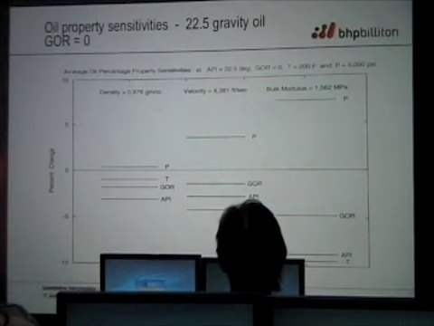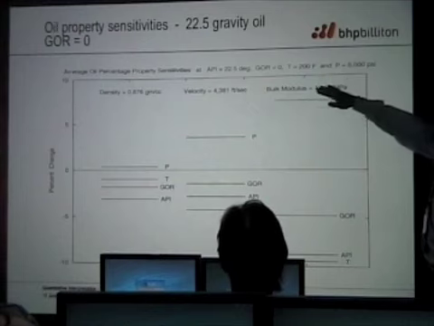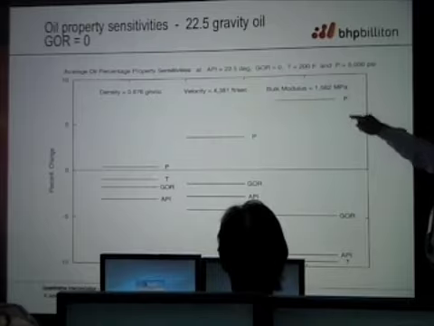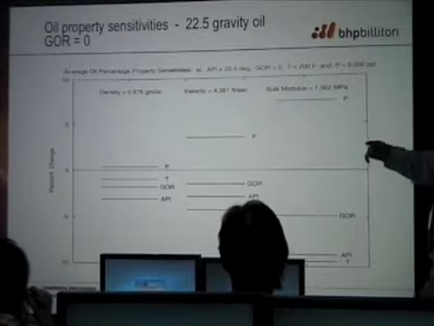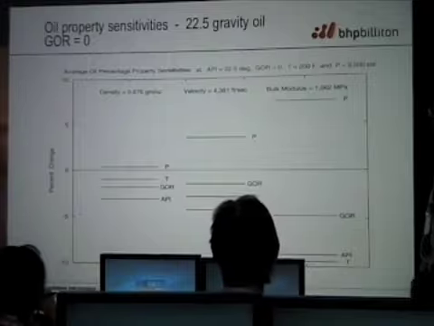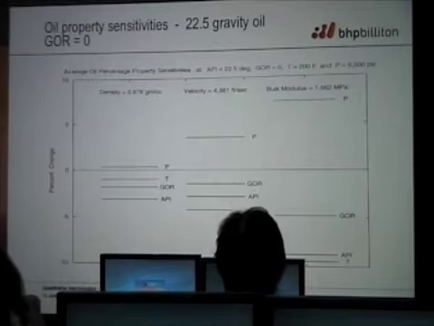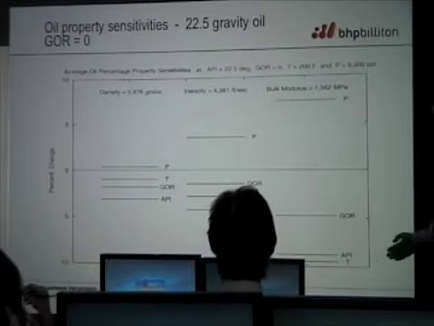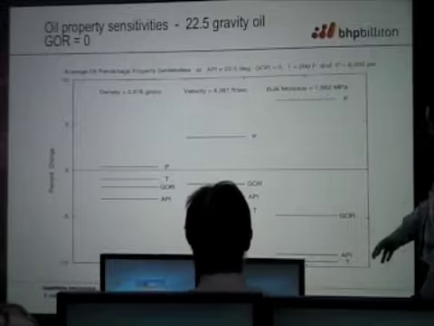The oil property sensitivities, instead of 30 gravity oil, I used dead oil. That's what they call it, oil that doesn't have any dissolved gas in it. 22.5 gravity, had to do with a particular field, at Atlantis or something. Anyhow, here's the picture, and the long and the short of it is, it's not surprising, you have to know what the API gravity is.